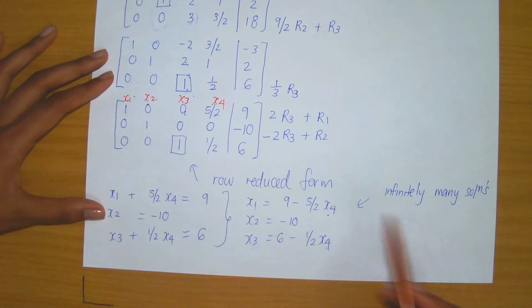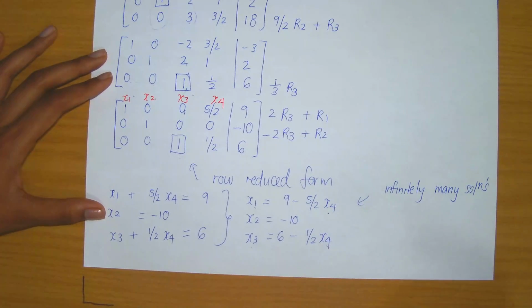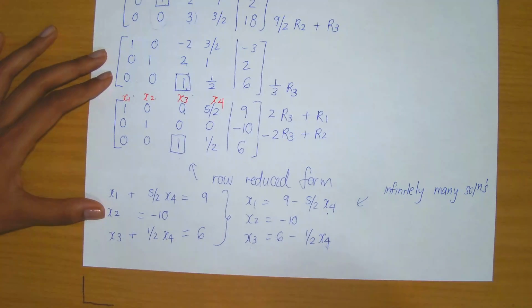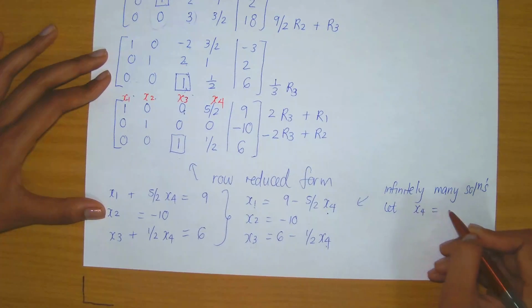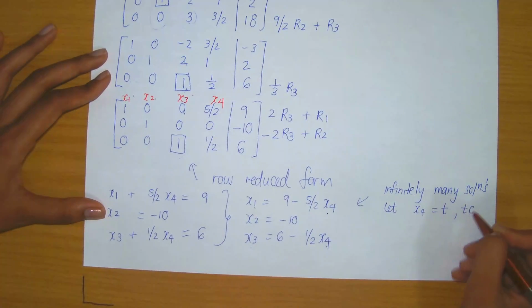And we see that since we can substitute in infinitely many choices for x4 to determine new solutions, it's wise to write this down in terms of a parametric solution. So what we do is we let x4 equal some parameter t, where t is a real number.